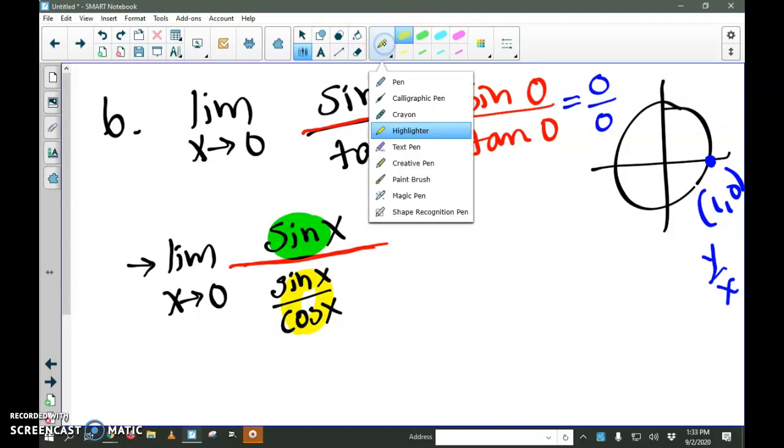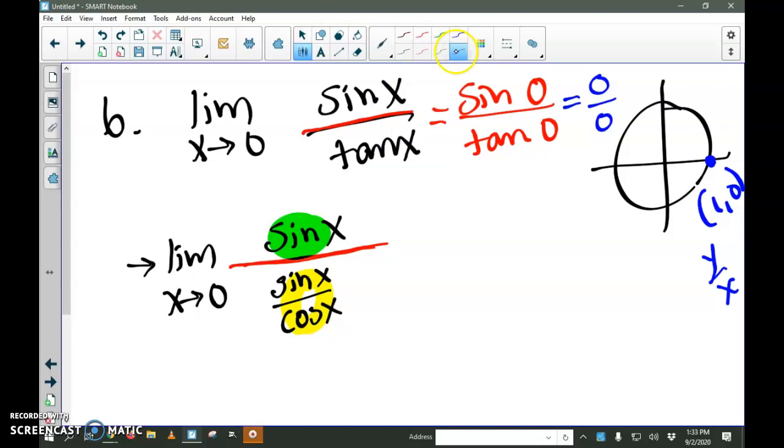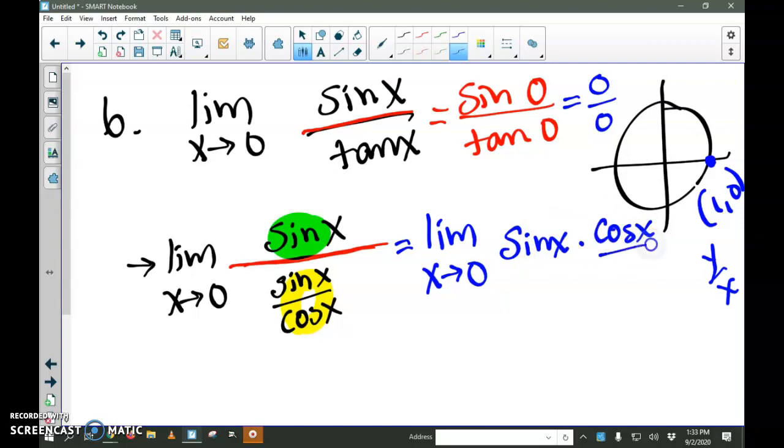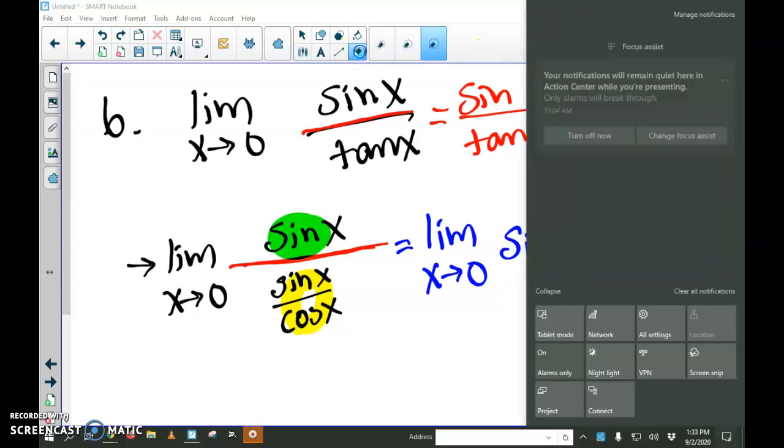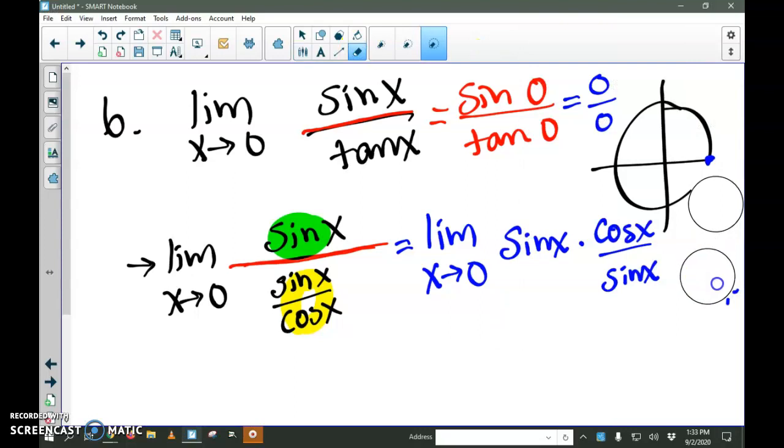So this is equivalent to the limit, I have not applied the limit yet, the limit as x approaches 0 of sine of x times the reciprocal of that denominator. If you need to go look that rule up, go look it up online, okay? That dividing by a term is equivalent to multiplying by the reciprocal of that term.